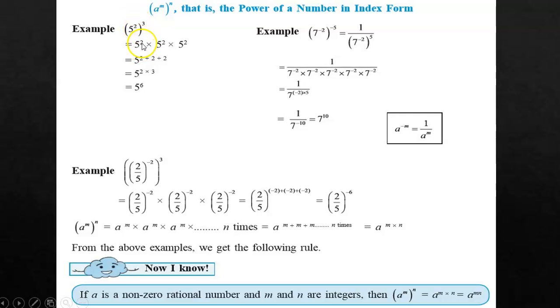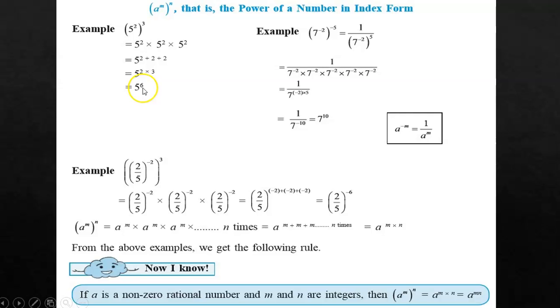But if you look at these, the base is the same and the power is the same and they are multiplied. So I can just say 5 raised to 2 plus 2 plus 2. Now this 2 I have written how many times? 3 times. So I can just write 5 raised to 2 into 3. Now 5 raised to 2 into 3 means 5 raised to 6.